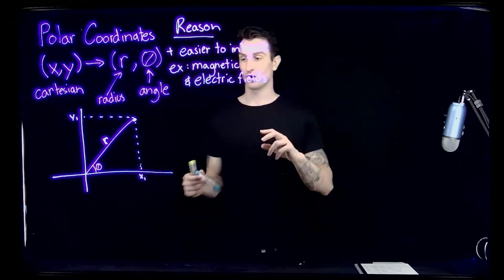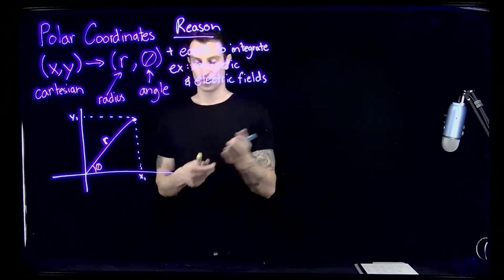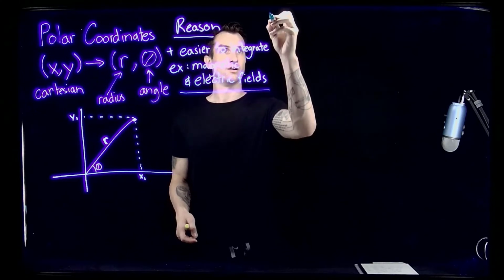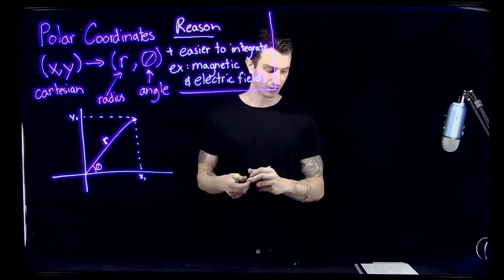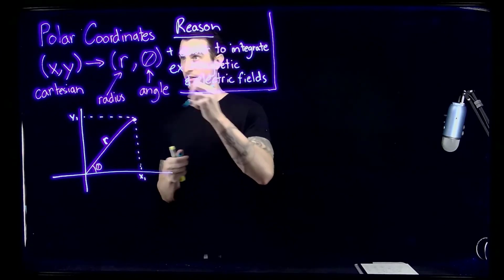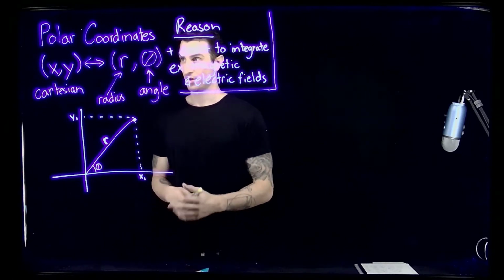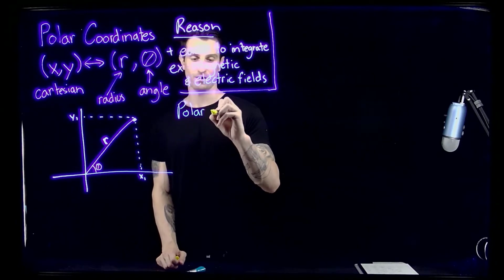For right now, we're going to work on going one direction. So I'll do a quick example here, same as usual, and then we'll do another example after the slide. First we're going to go from polar to Cartesian, so we're going to go the opposite direction first.